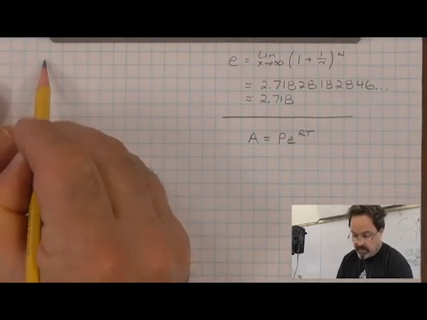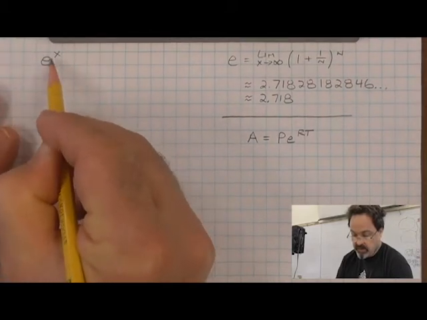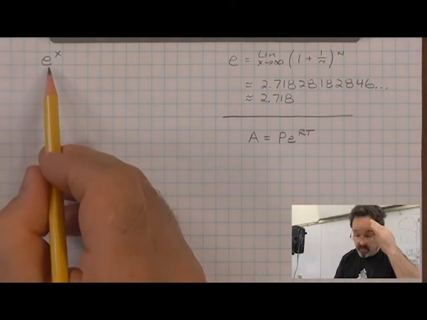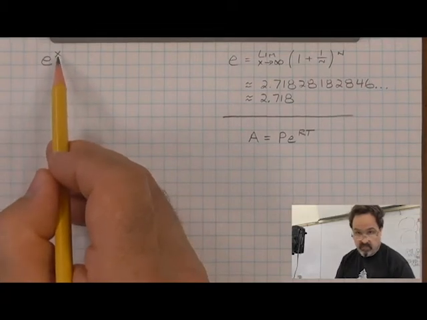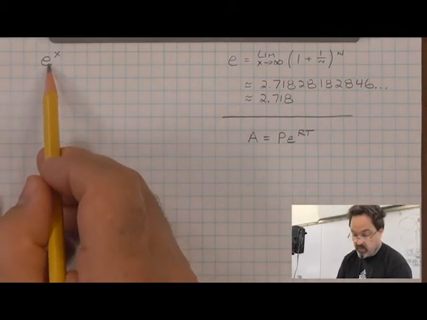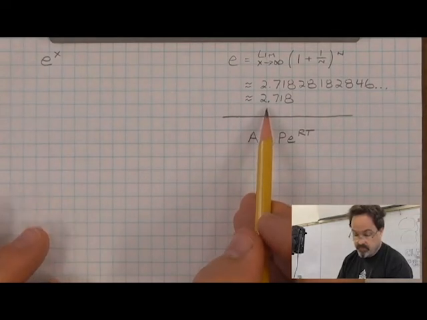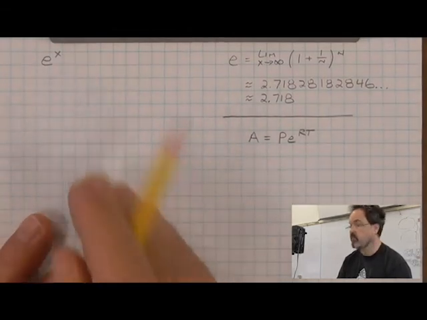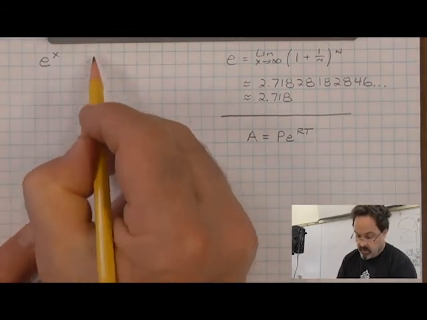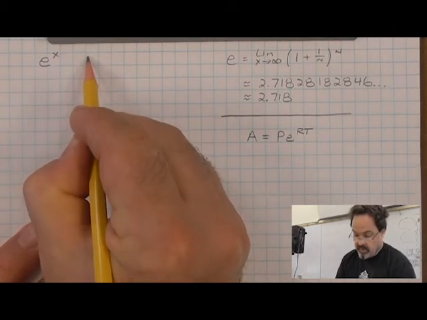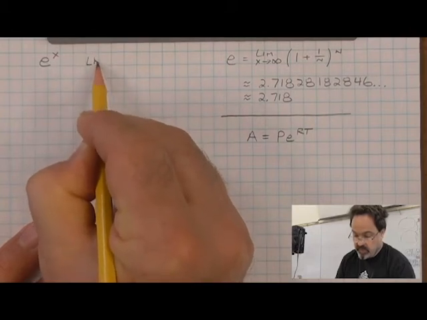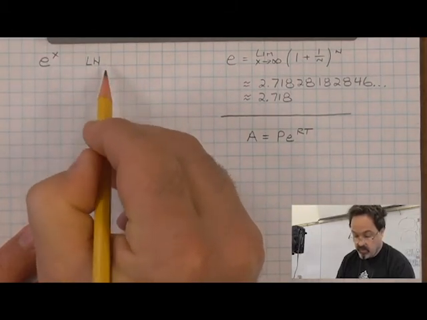Before we provide another example of using this equation in context, let's talk a little more generally about e as a power base. When we write the simple expression e to the x, this is an exponential expression because the exponent is the variable, and e is the special number that we're reviewing and defining here. We know that the inverse of an exponential is a logarithm, and the logarithm, if it is of the base of this special number e, is called the natural log.